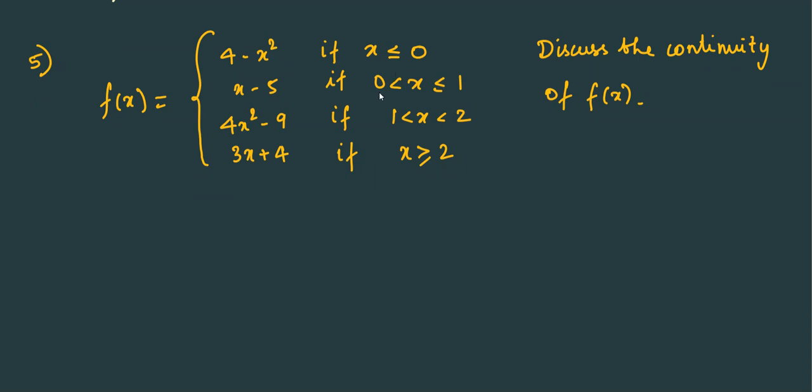So at 0 we need to check, then at 1, then at 2, because across 0 the function's definition is changing, across 1 the function definition is changing, and across 2 the function definition is changing. So we need to check at 3 points in this case.